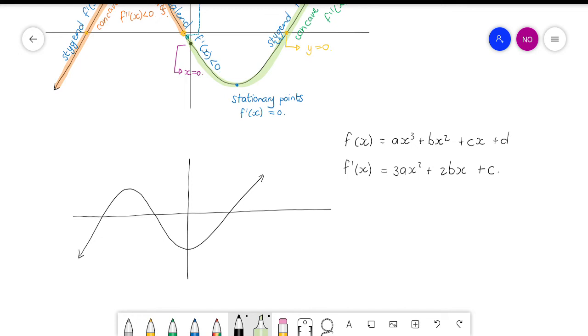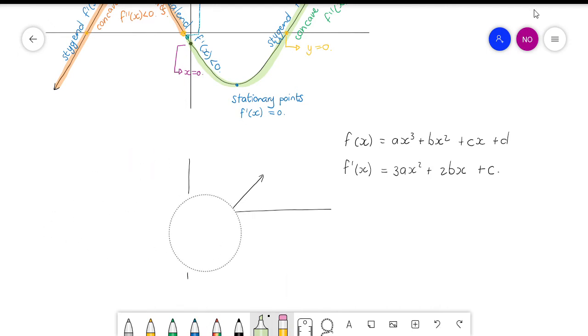Okay, and what you will see tomorrow is that the x values of this turning point and this turning point. Ek wil eintlik teken dat hulle nie op die as se draai nie.